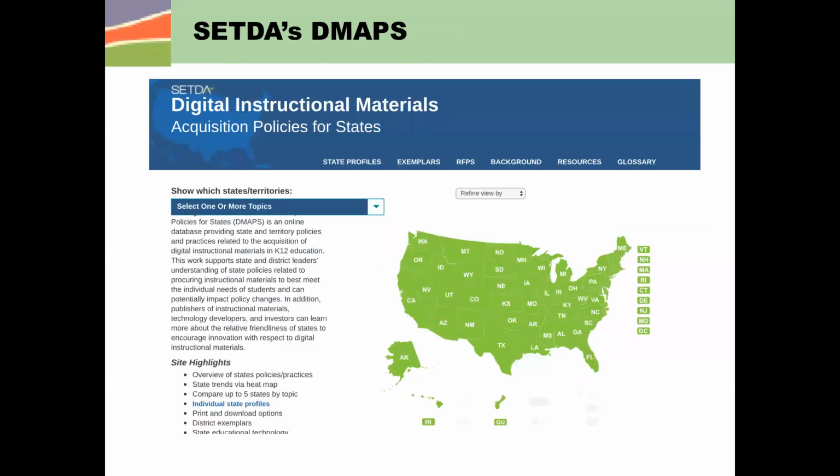SETDA, the State Education Technology Directors Association, has a database known as the Digital Instructional Materials Acquisition Policies for States. This is an interactive database. So you can choose your state, you can choose another state, you could choose to compare your state against 4 other states in terms of multiple topics that have to do with policy.